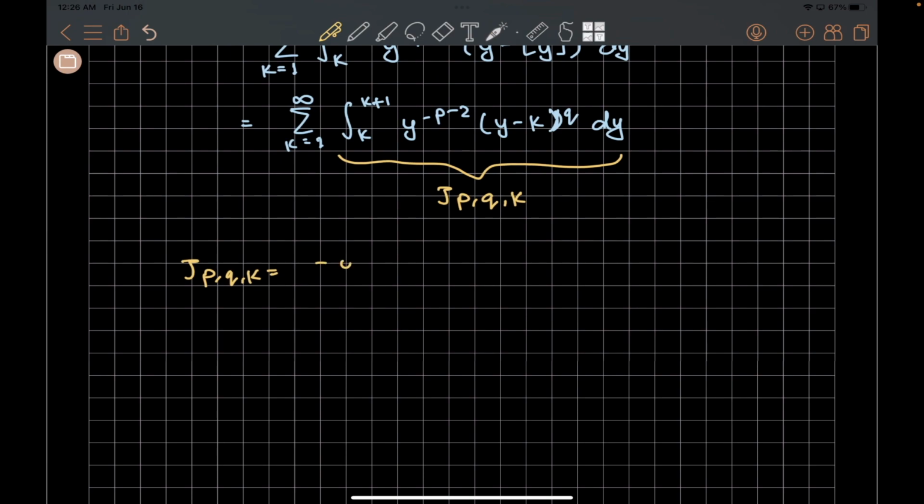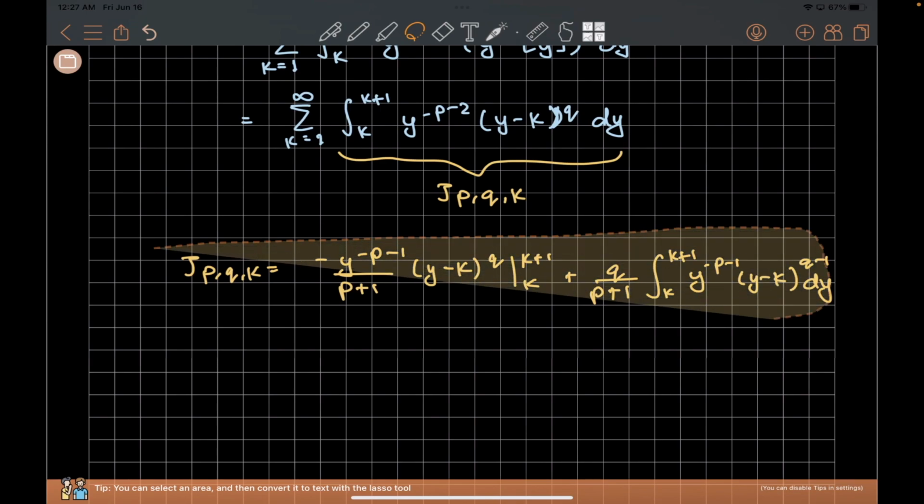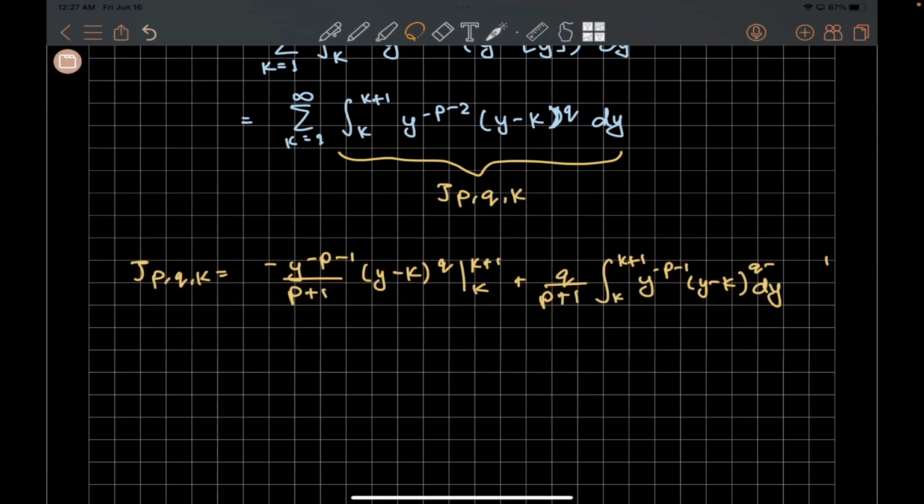So we have minus y to the minus p minus 1 over p plus 1, times y minus k to the q, evaluated from k to k plus 1, plus q over p plus 1 times the integral from k to k plus 1 of y to the minus p minus 1 times y minus k to the q minus 1 dy. I was running out of space a little bit in that part. Maybe I can move it over there.